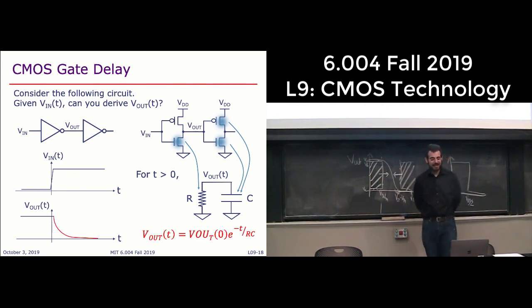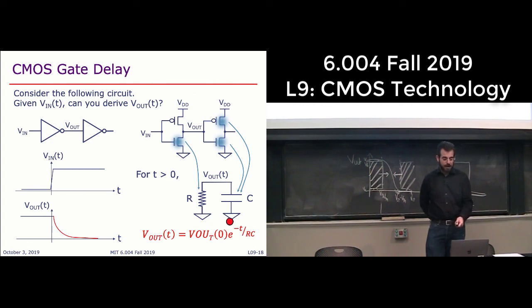And so if you solve that first order differential equation, you get that V out of t, for t larger than 0, is V out of 0 multiplied by this falling exponential. What I want to emphasize here is that there's an RC factor.